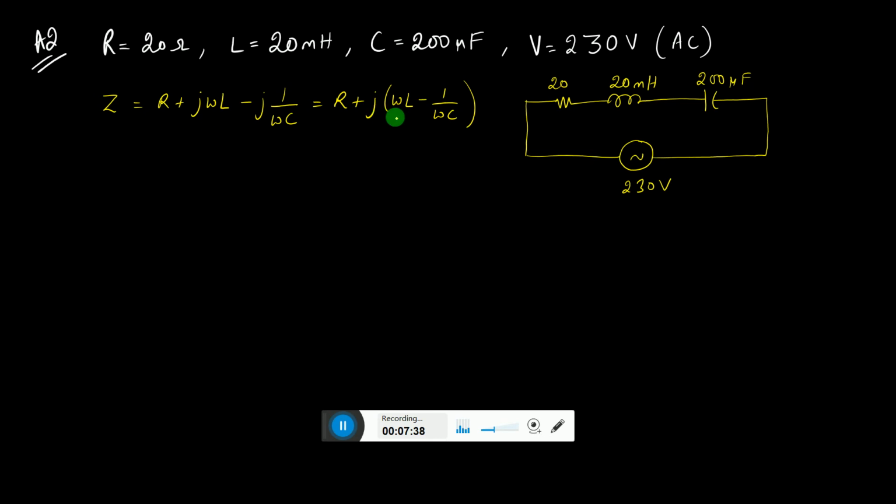Now the imaginary term, if equated to 0, will give the Z minimum. So directly I can write Z minimum is R, which is equal to 20 ohms, which also reflects the value of I maximum. The maximum current which will flow is V divided by Z minimum.